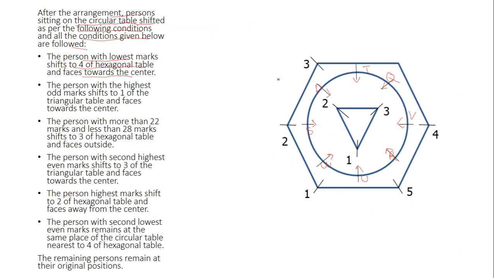S scored the lowest mark, so it is shifted from this position. S is shifted to fourth of the hexagon, and it faces towards the center. Okay, and the second condition is telling that the person with highest odd marks is shifted to one of the triangular table, faced over the center.